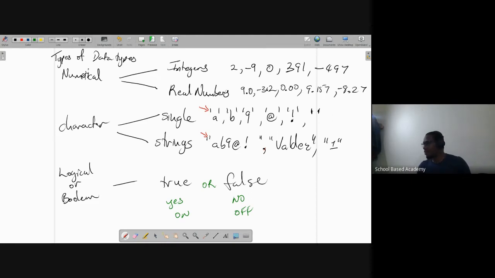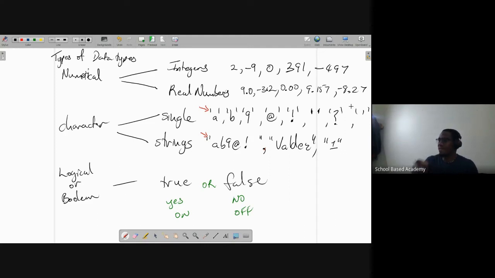I see a question: would a question mark be a single character? Yeah, a question mark could be a single character value. By itself, it could be a single character. Even the single quote is a character value. Any character. But then all of these characters could be joined together to form a string.